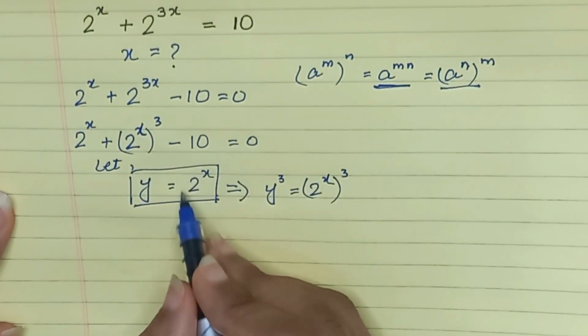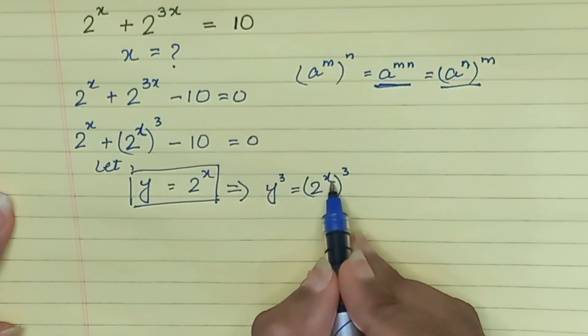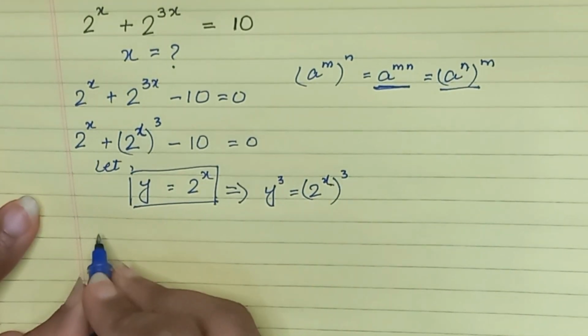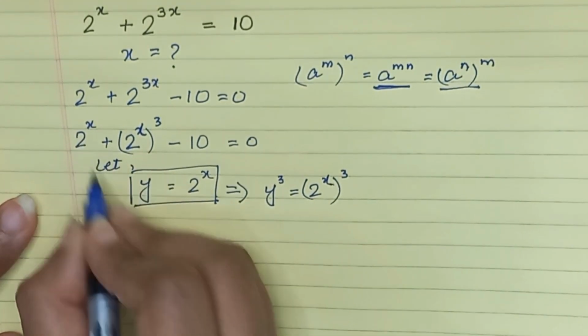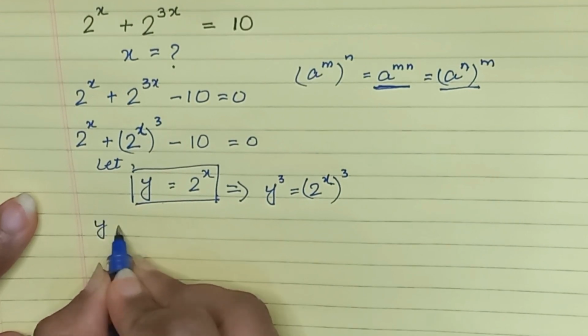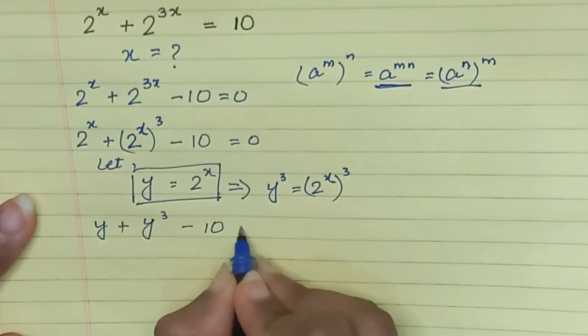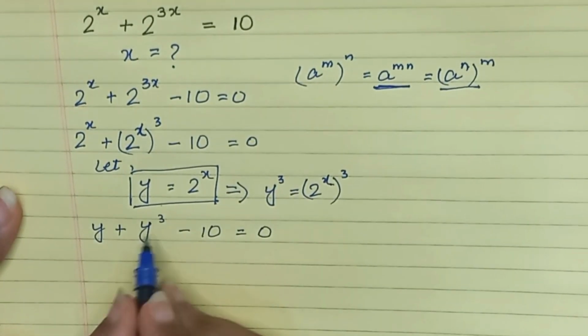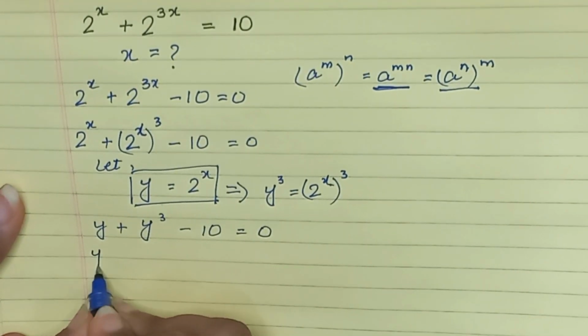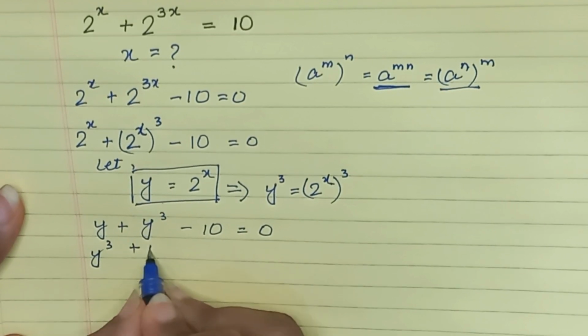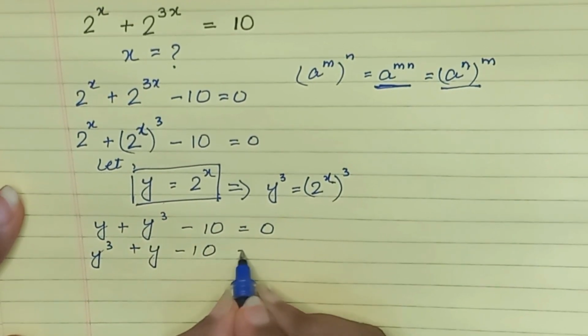Now putting the values of 2^x and (2^x)^3 here, it will become y plus y cube minus 10 equal to 0. Now it can be written as y cube plus y minus 10 equal to 0.